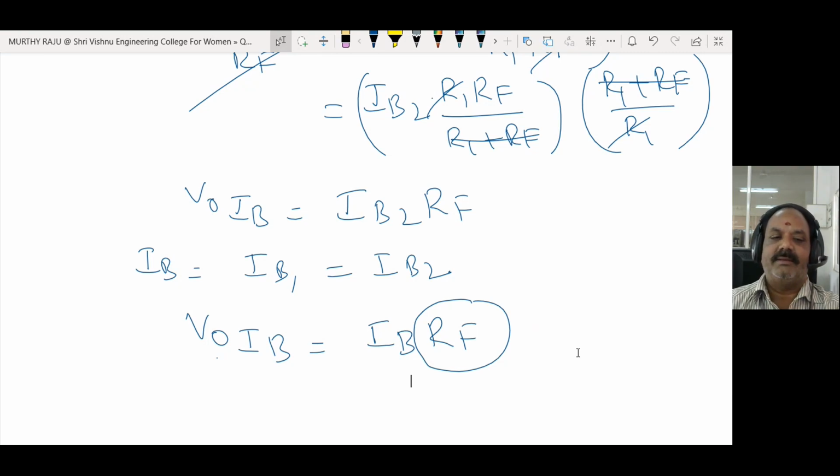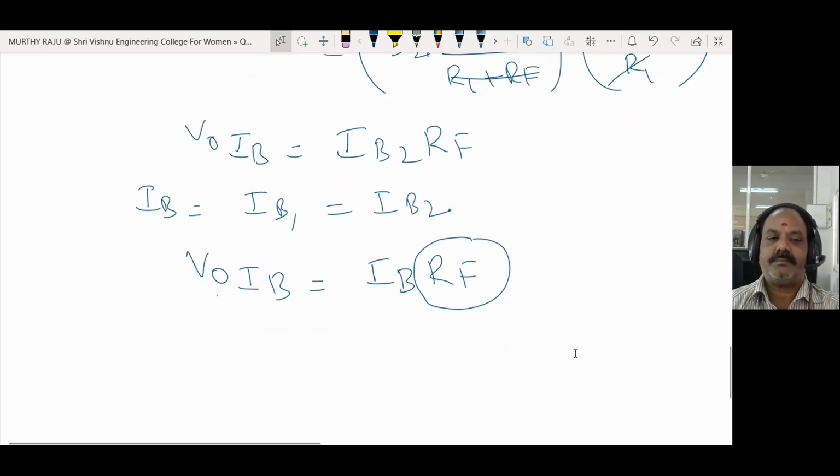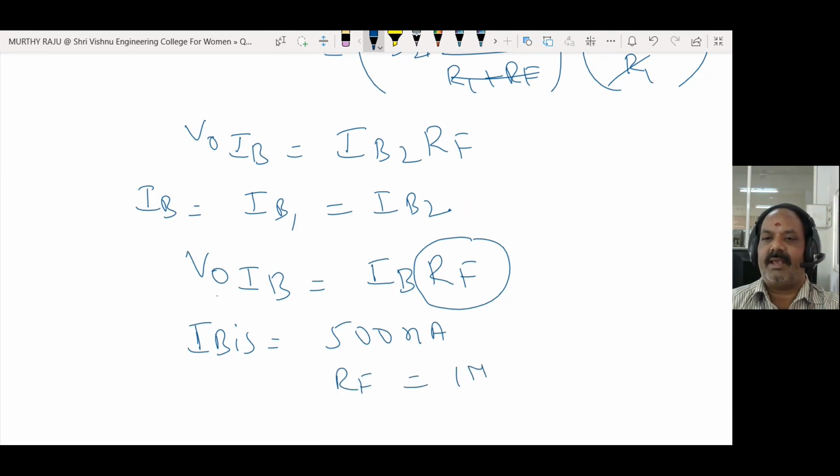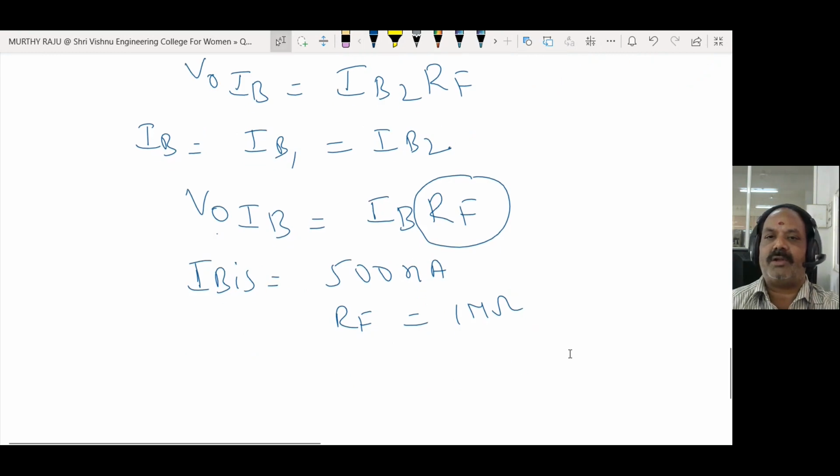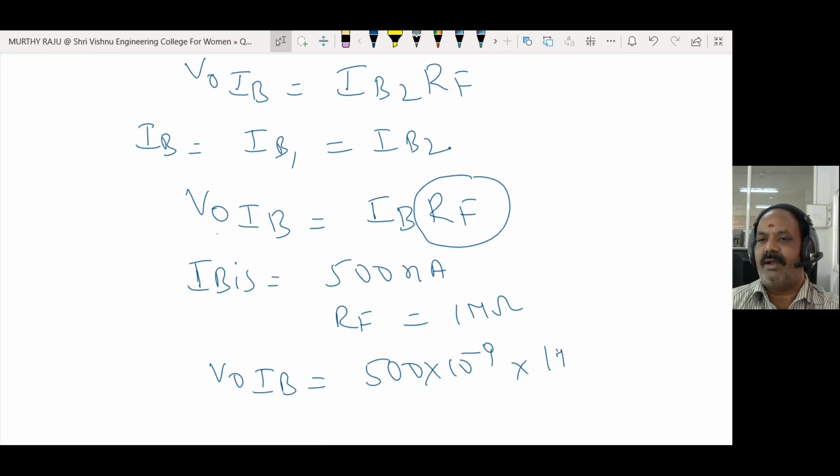See this one. Suppose IB is 500 nanoamperes and Rf is 1 mega ohm. Therefore, the output offset voltage VOIB is 500 into 10 power minus 9, into Rf, 1 mega ohm, which means 1 into 10 power 6.